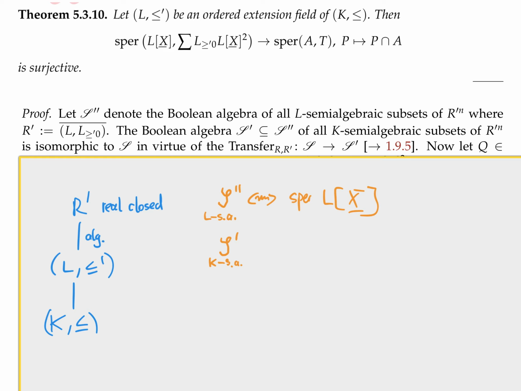In the ultrafilter theorem, I had this very particular situation where I looked at the real closed field which was actually the real closure of the ordered field over which my polynomials had coefficients. But this Boolean algebra, of course, is trivially contained in that one, right? Good.